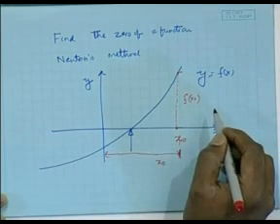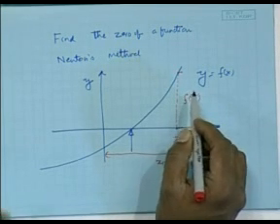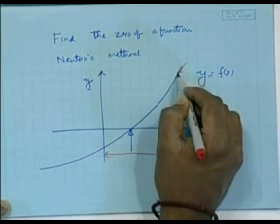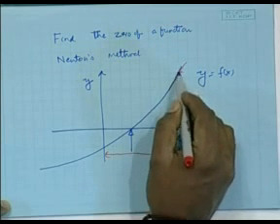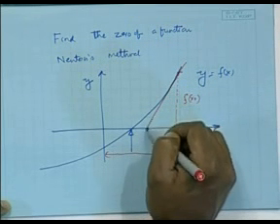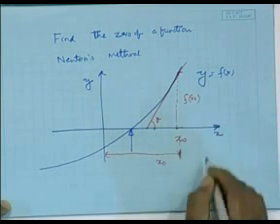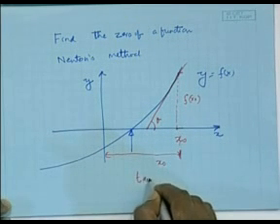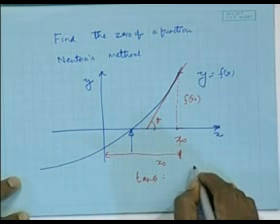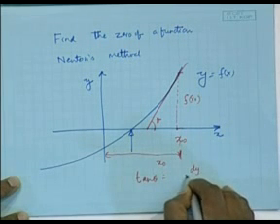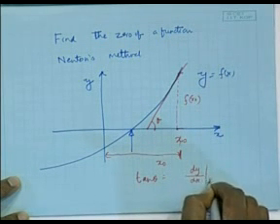Now let me differentiate this. What is the differentiation of the curve? It is actually the tangent to it, so draw the tangent first. If this angle is theta, what is tan theta? Tan theta is dy by dx at x equal to x naught.